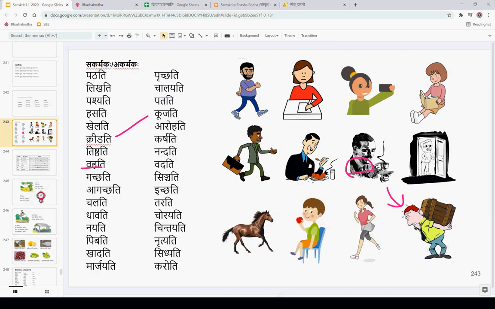We should not use the dvitiya vibhakti form for that with which the play is happening. We should keep it tritiya, or some other vibhaktis are also possible, but not the dvitiya vibhakti.